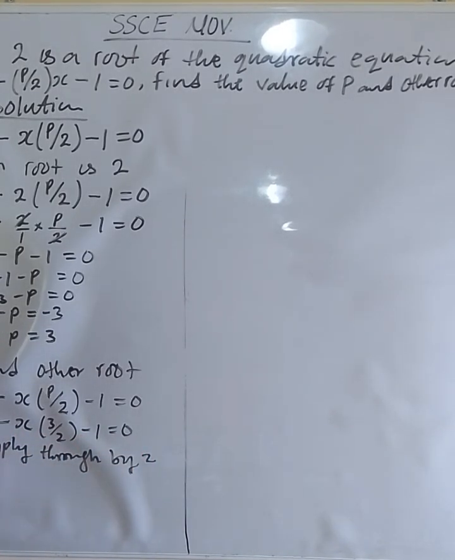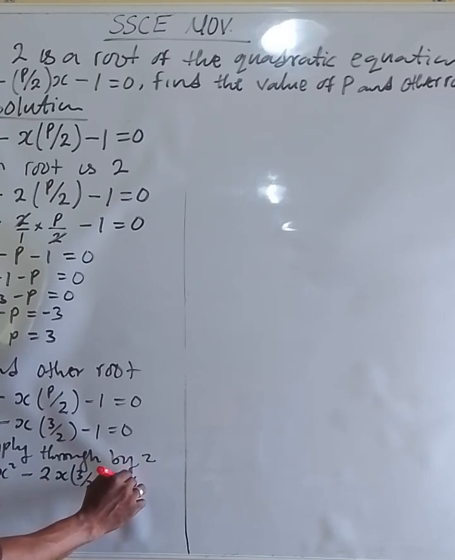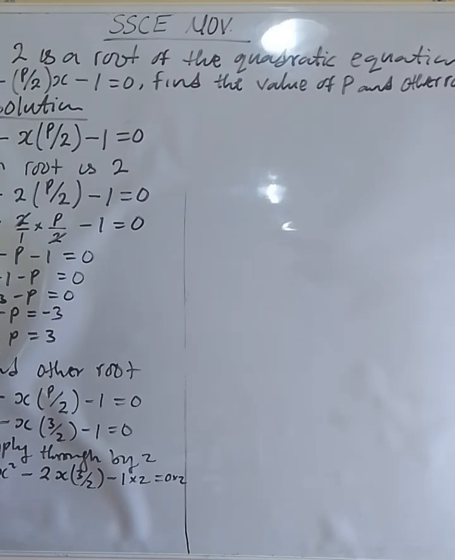It will now give us 2 times x squared minus 2x open bracket 3 over 2 minus 1 times 2 equals 0 times 2. So in this case we have 2x squared, are we together, minus this 2, we cancel this 2.